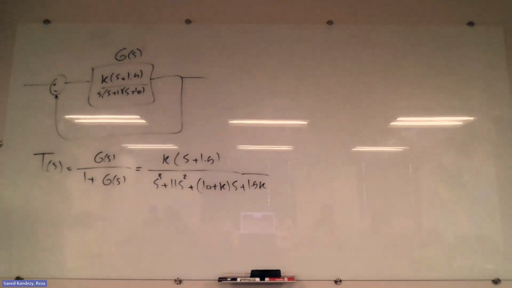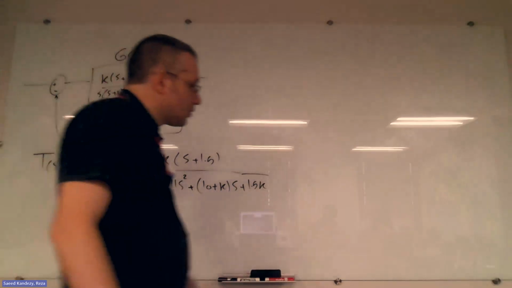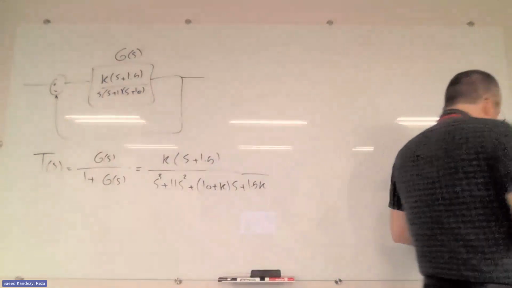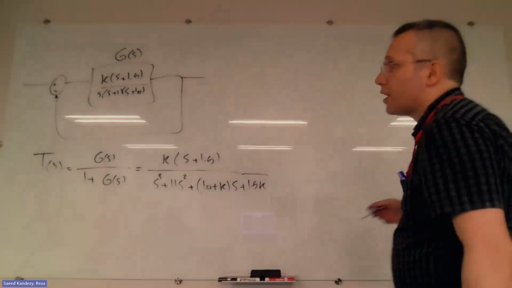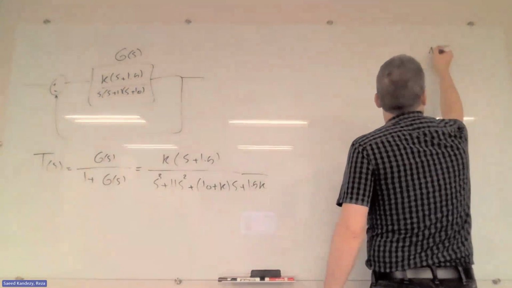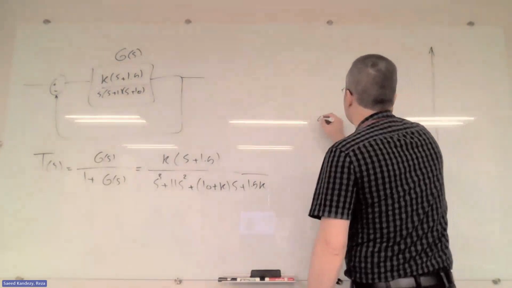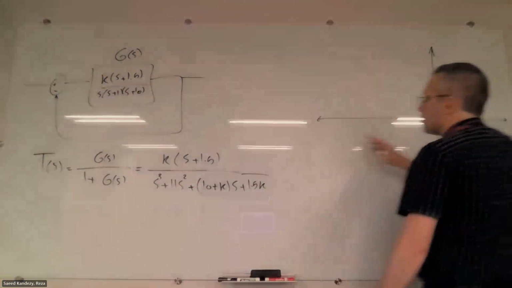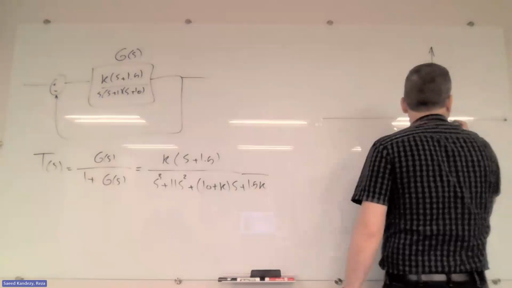Now let's do some root locus analysis. For the root locus, we said we are going to use the open loop zeros and poles. So I am going to try to draw my transfer function.